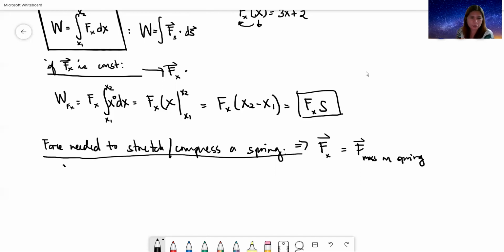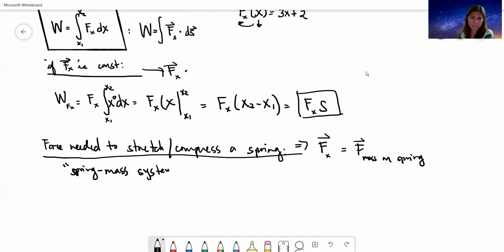So I am now introducing you to this very common system that we will study beginning today. We call it a spring mass system.